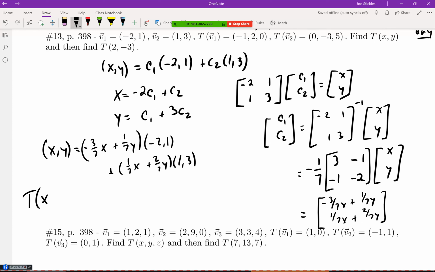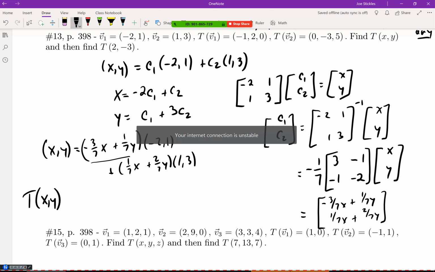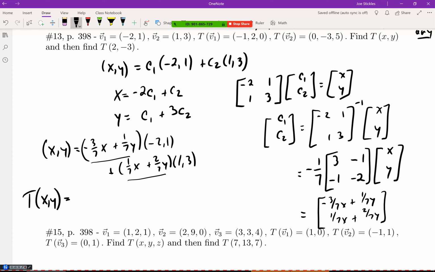To find the rule, now I need to apply the linear transformation, the T of (x, y). Now remember, these two pieces are the constants, the C1 and the C2. So according to what we talked about for applying the transformation to a basis, those constants are going to pull out of the transformation, and I'm just going to apply the transformation to the basis vectors.